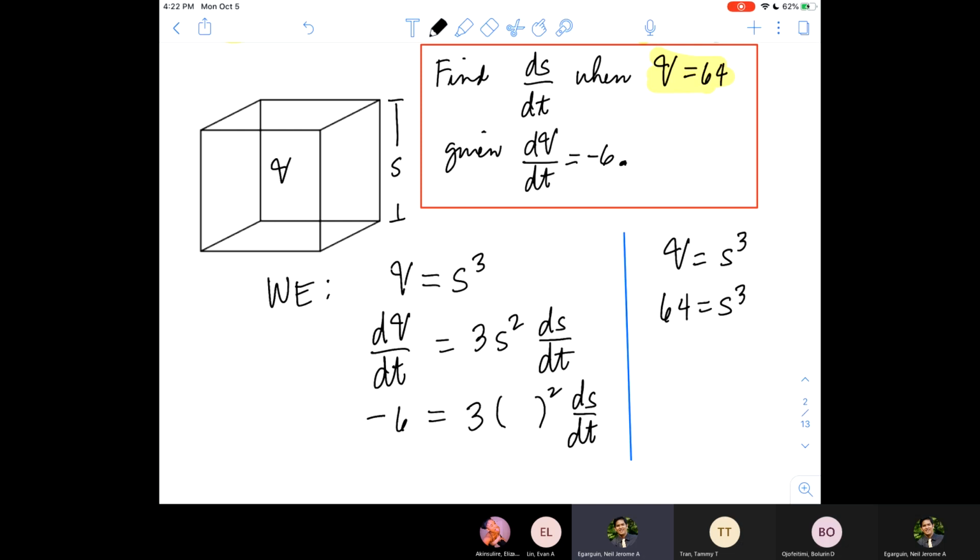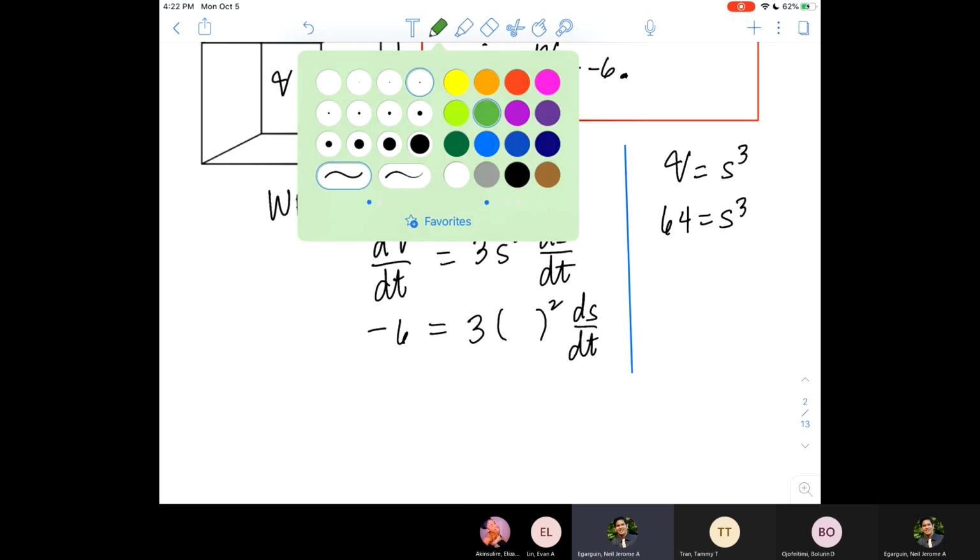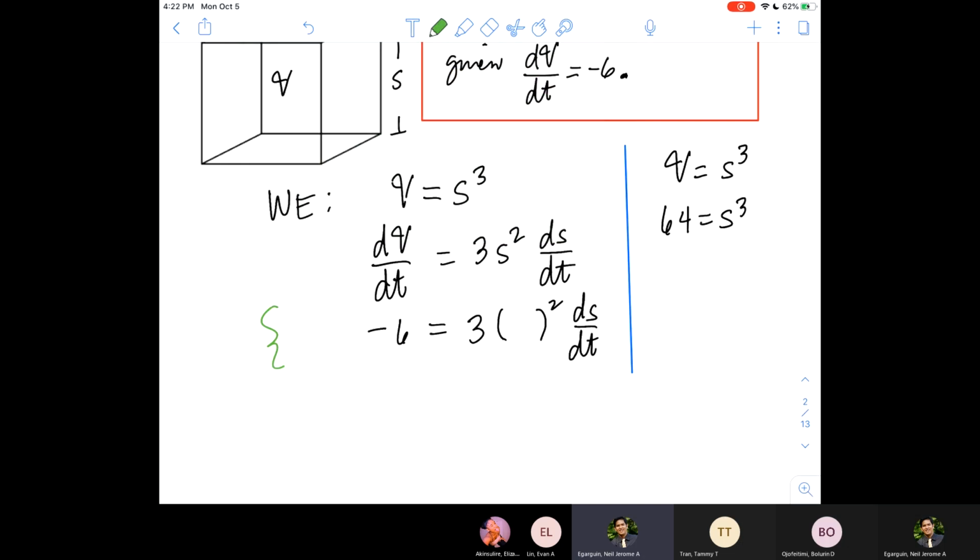And I hope you see now the process, because once we are done differentiating, what we get here is an equation at a particular moment of time. In particular, the moment of time that we are interested in finding the rates of change, okay?